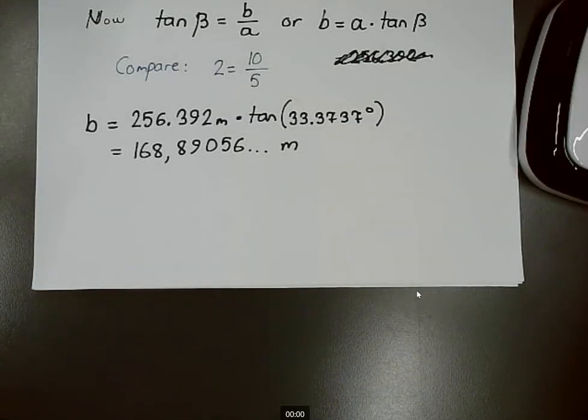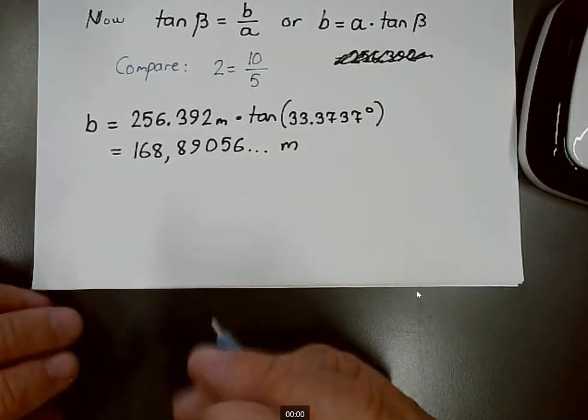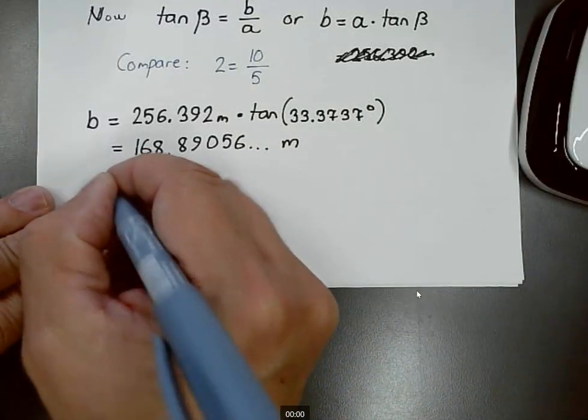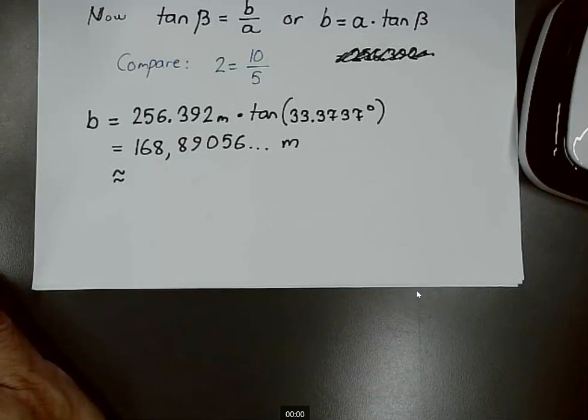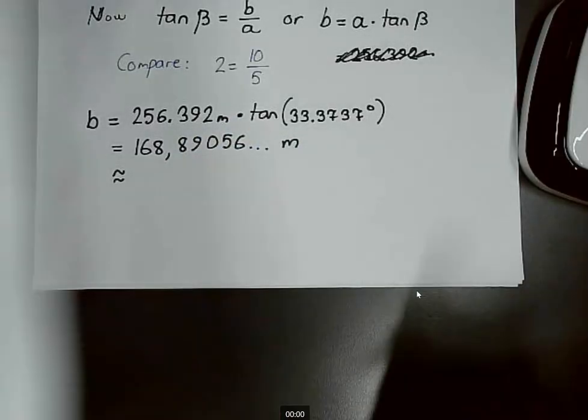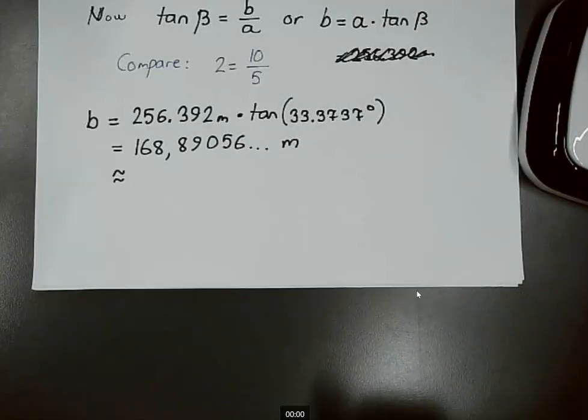Do not round immediately, but first keep the more accurate number, and after that the rounding. And here it was said that the answer should be in meters, so we are getting it in meters and round it to 3 decimal places.